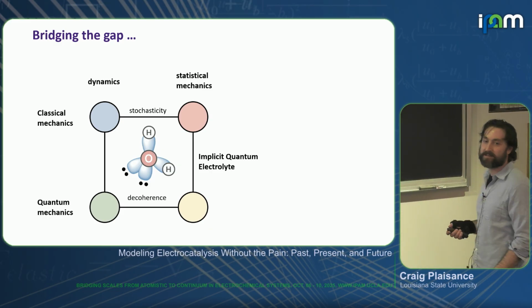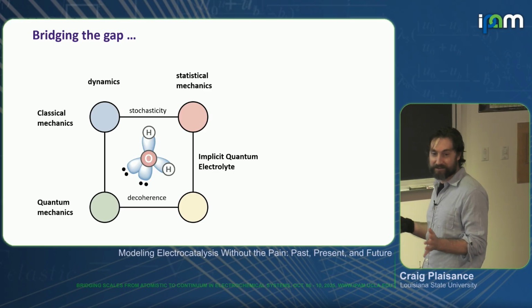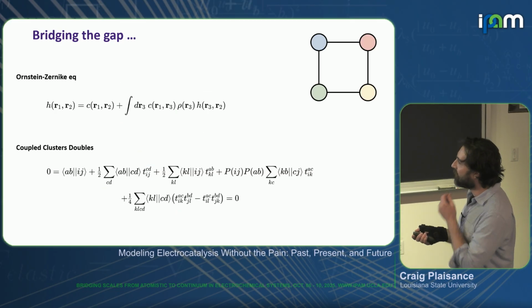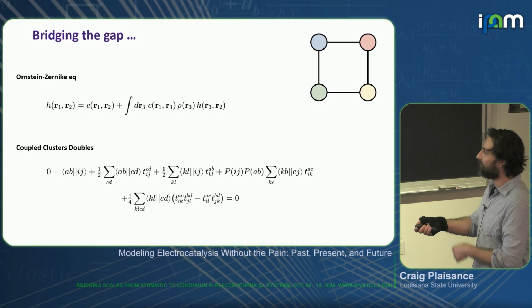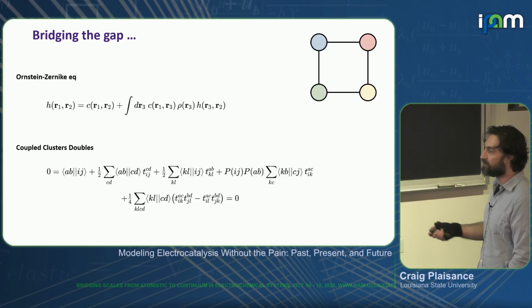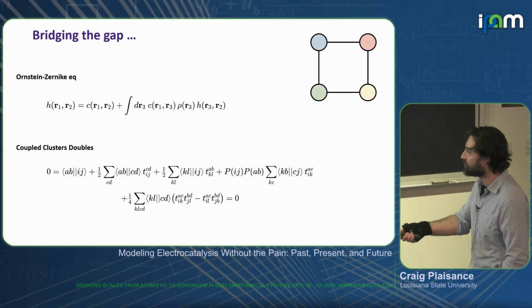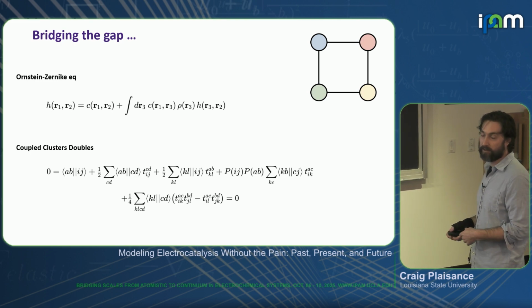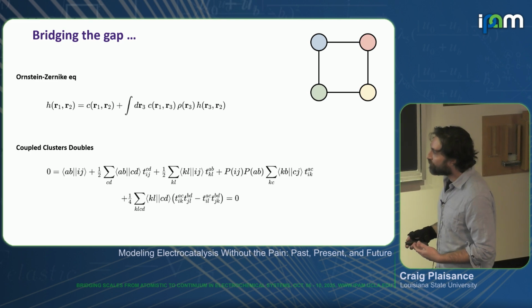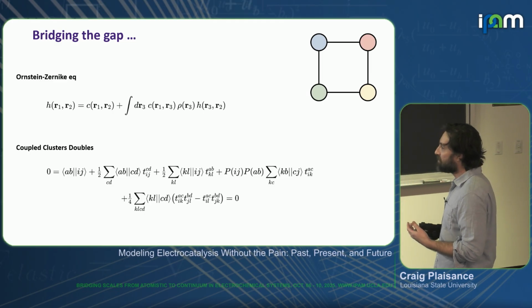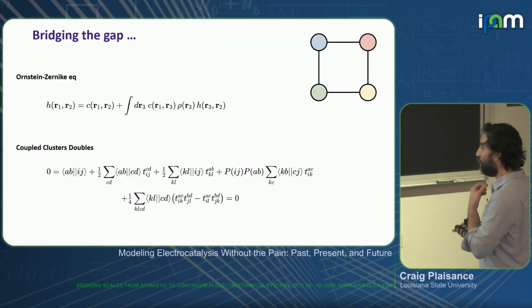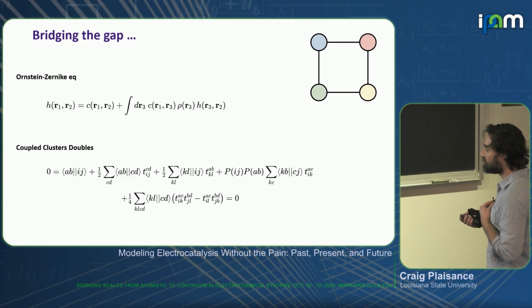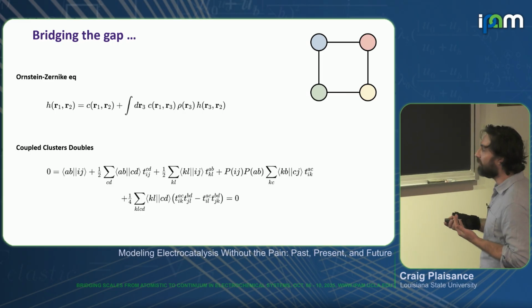I wasn't even planning to say this, I'm just going to throw it out because it's interesting. I realized that the Ornstein-Zernike equation that describes correlations in a liquid and the coupled cluster doubles equation that describes electron correlation in chemistry, they both describe correlation, but it turns out they have the exact same form. And I think this is possibly underappreciated.